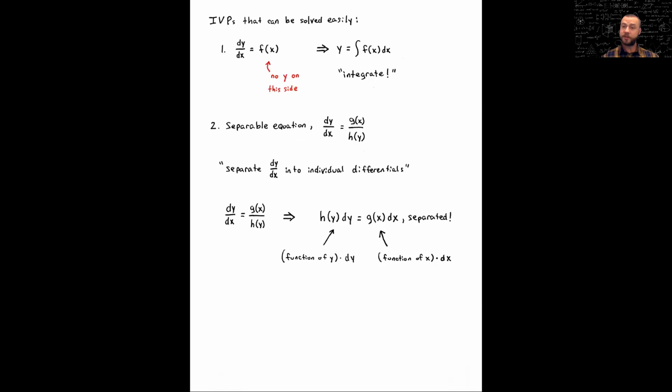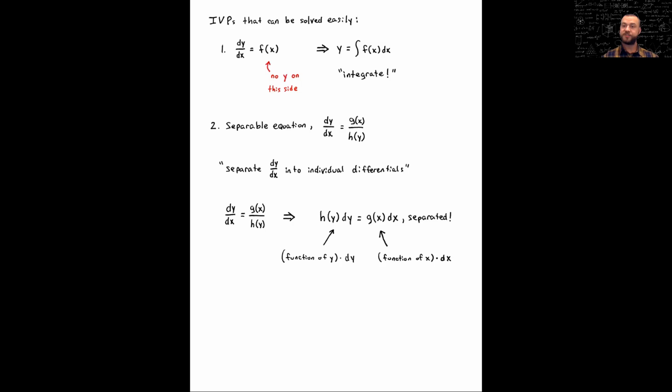Now, if you can write your differential equation this way, we would say it's been separated. So just make sure you understand the notation. On the left side, it's a function of y times dy. There can't be any addition or subtraction between the function of y and the differential dy. And on the right side, it's a function of x times dx. If your differential equation can be written this way, it's separated.